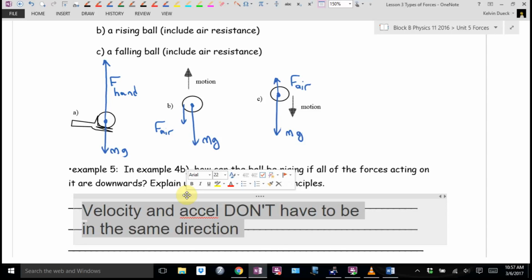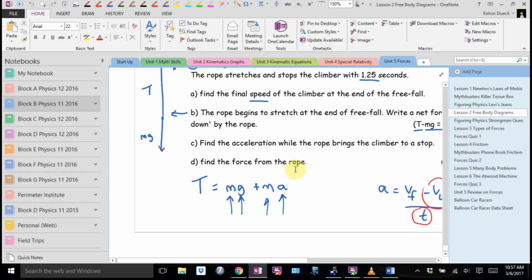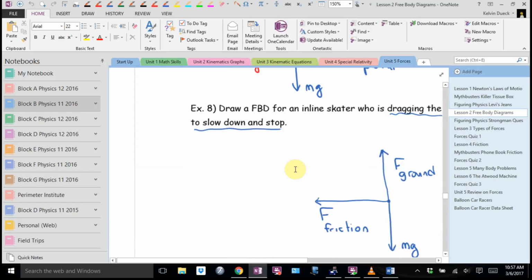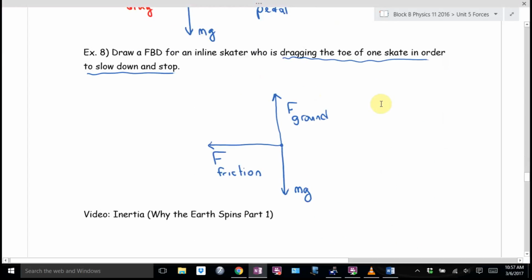It's backwards. And this is one that really bugs kids because last lesson on free body diagrams, when we looked at in our notes at the very end, the free body diagram for an inline skater dragging their foot, you might recall a lot of people wanted a force pointing forwards because the skater was moving forwards.